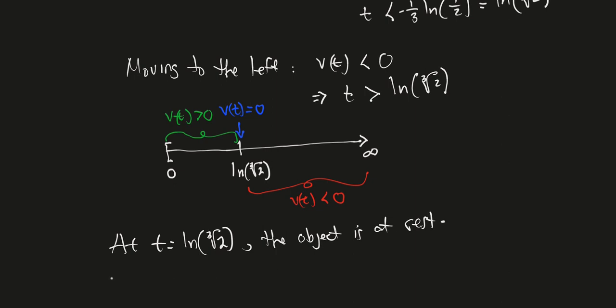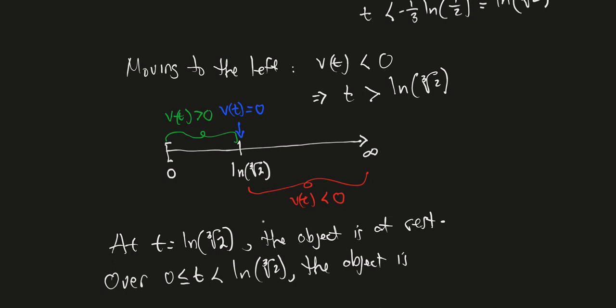And then during the interval, t greater than or equal to 0, but strictly less than the ln of the cube root of 2, your velocity is positive there, so the object is moving in the positive direction, either to the right or upward.